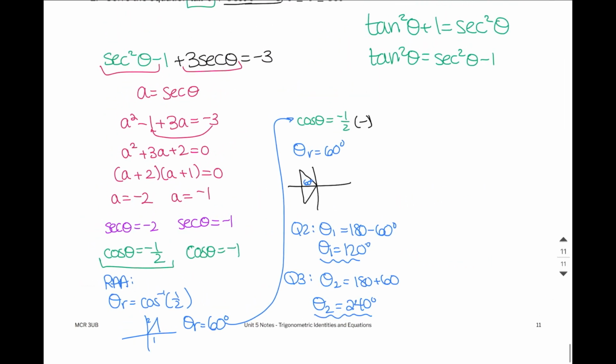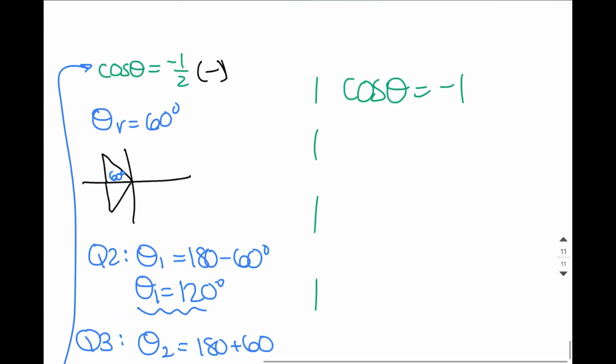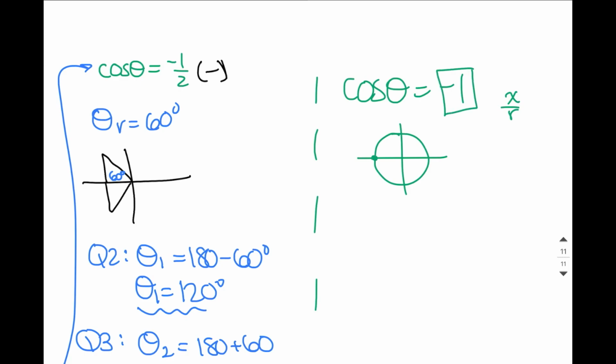And then lastly, so we're done with this piece over here. We need to do what's going to happen right here for cosine of theta equals -1. So now I'm solving this one over here. And cosine of theta equals -1, we can look at this two different ways. One way is on the circle. Remember, cosine is x over r. I want x over r to be equal to -1. This coordinate right here is (-r, 0).